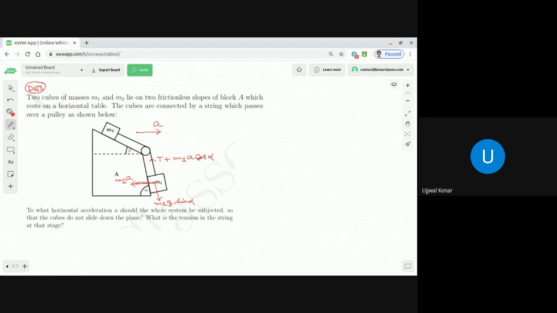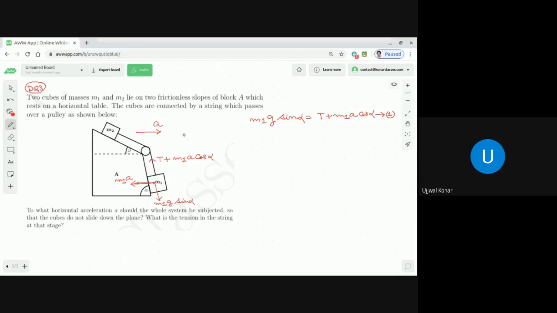So m1g sine alpha should be equal to T plus m1a cos alpha. Correct or not, dear students? Shrestha, you got it?